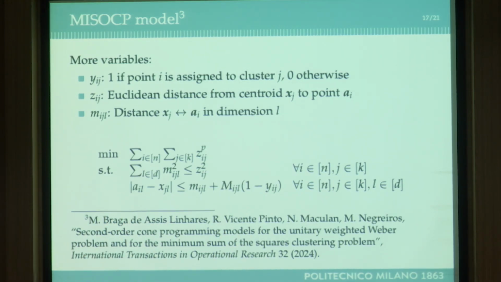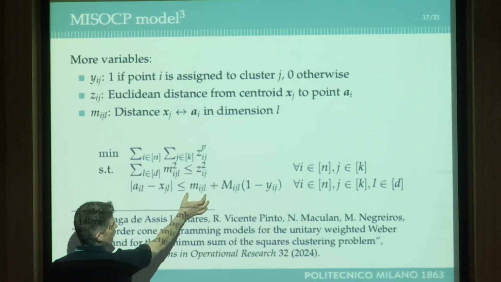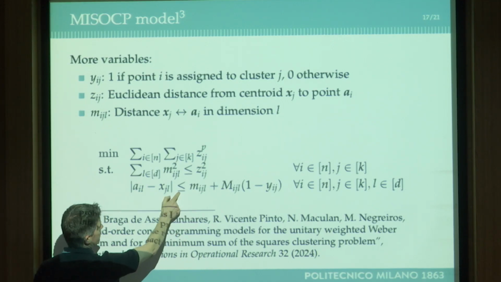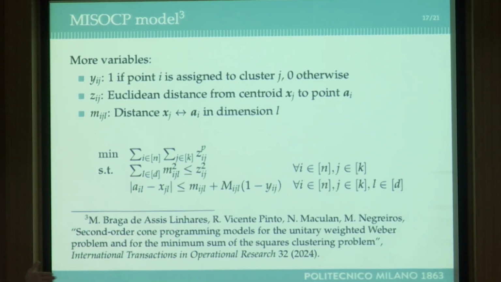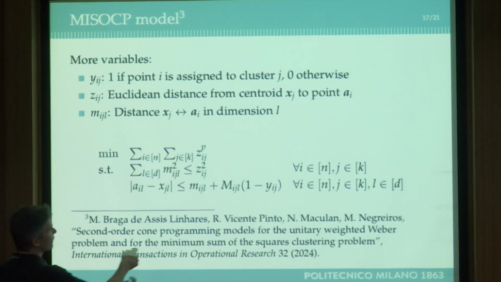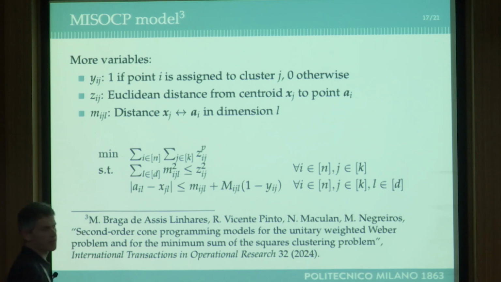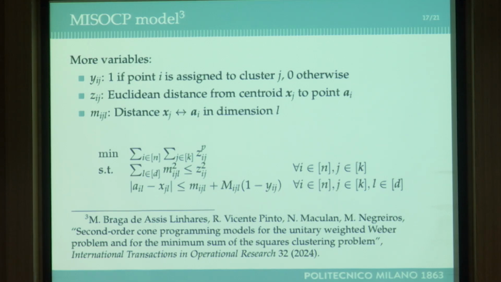And if that is the case, then you want to make sure that the component m_ijl for dimension l, for cluster j and for point i, is at least greater than or equal to the one-dimensional distance between the centroid coordinate and the point's coordinate. And you just collect everything into a second-order cone that's right here, and z_ij is precisely the Euclidean distance between point i and centroid j if point i was assigned to centroid j.